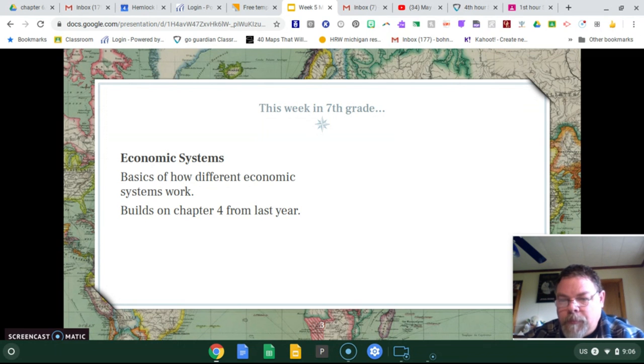You're going to talk about them in more detail because now you're in 7th grade, but we did talk about them a bit last year. So just some real basics. How does a market economy work, a command economy, all that kind of stuff. But it does get into more detail about how those things work, a little bit more than just defining what they were like we did last year.